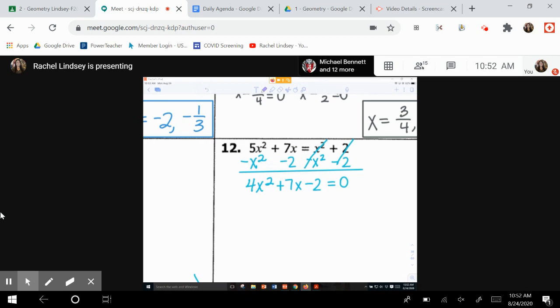Do I have a greatest common factor? No. So I'm going to do slide and divide. Slide the 4 to the negative 2. And I have x squared plus 7x minus 8 equals 0. What two numbers multiply to give you negative 8 and add to give you positive 7? Positive 8, negative 1.